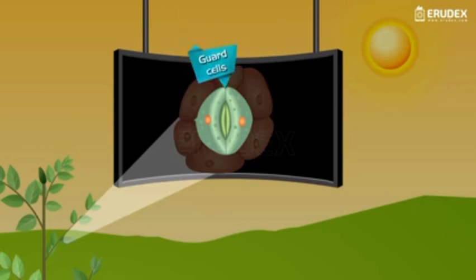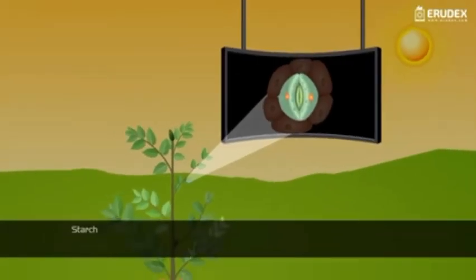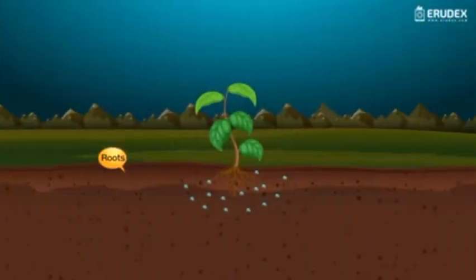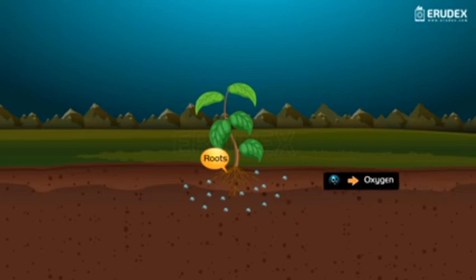Oxygen is required to break down starch in the cells. Starch is a form of sugar which gets converted into carbon dioxide and water in the presence of oxygen with the release of energy. Roots under the soil are also able to respire in order to obtain oxygen. So the root system is not left out.